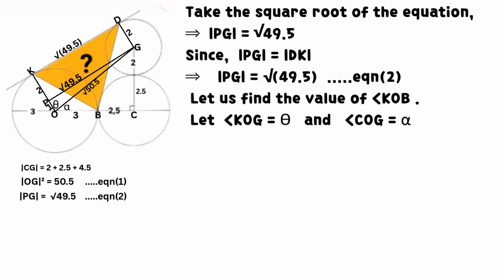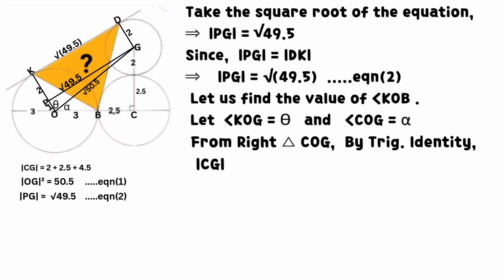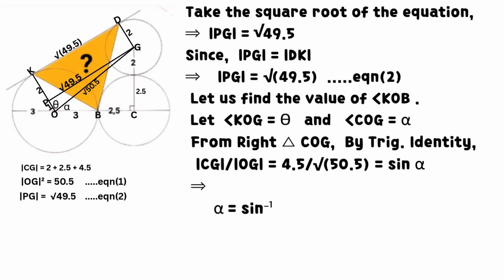Let us find the value of angle KOB. Let angle KOG equal theta and angle COG equal alpha. From right triangle COG, by trigonometric identity, line CG divided by line OG equals 4.5 divided by the square root of 50.5, which equals sine theta.